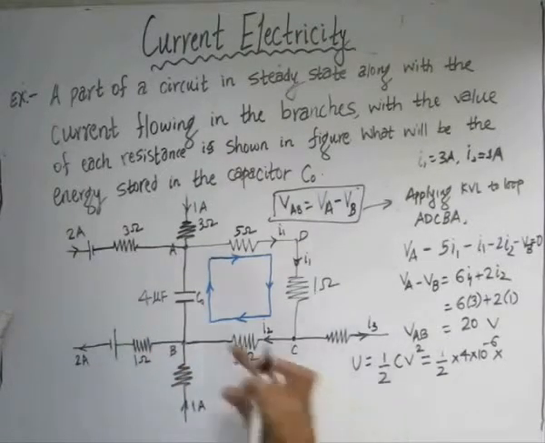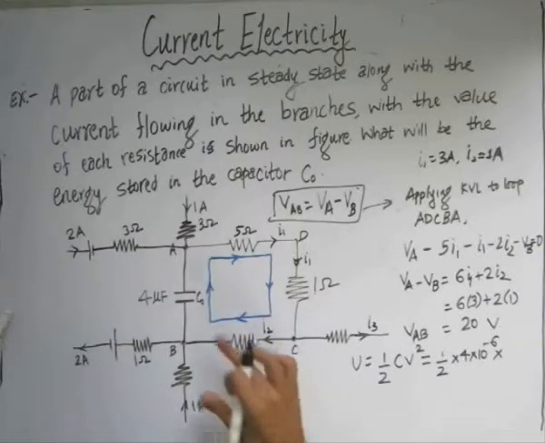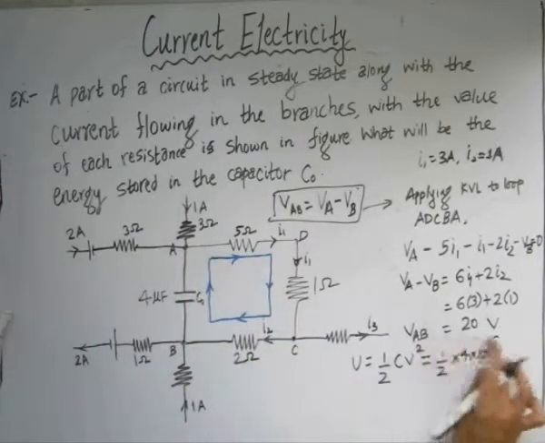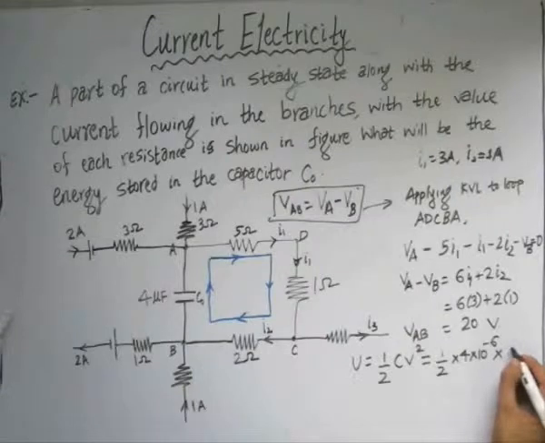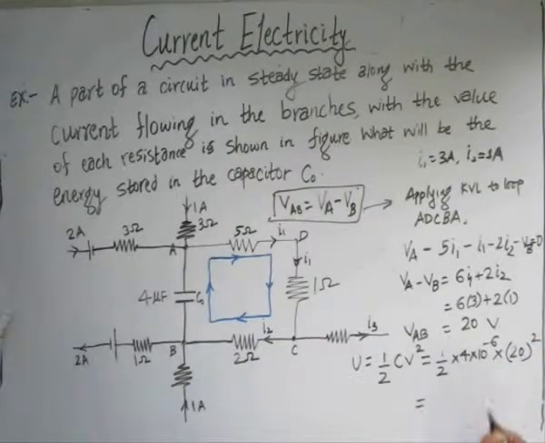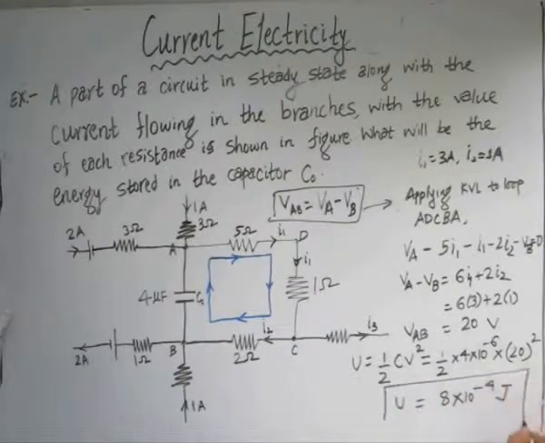The voltage across the capacitor, the potential difference between the points A and B, we have obtained as 20 volts. So half into 4 into 10 to the power minus 6 into 20 square. After solving this, what we'll be getting is a value of 8 into 10 to the power minus 4 joules. So this is the energy which is stored in the capacitor C0.